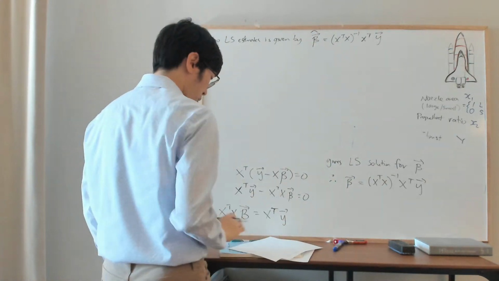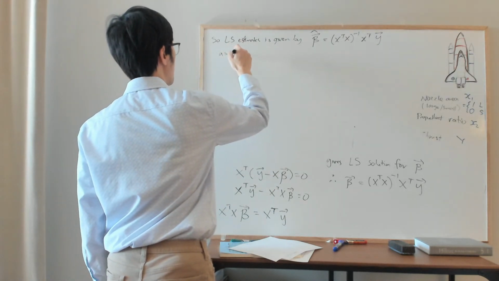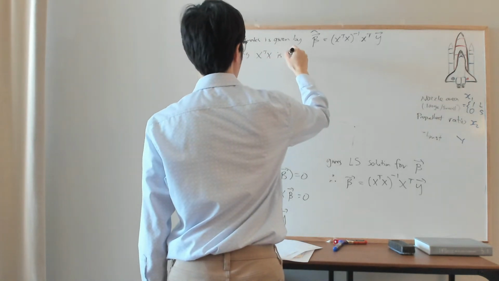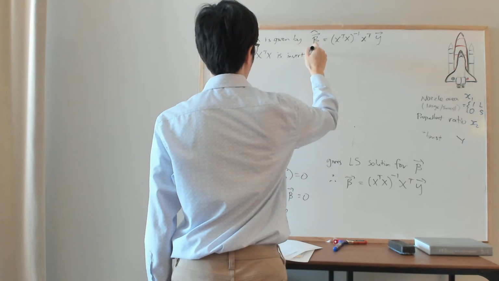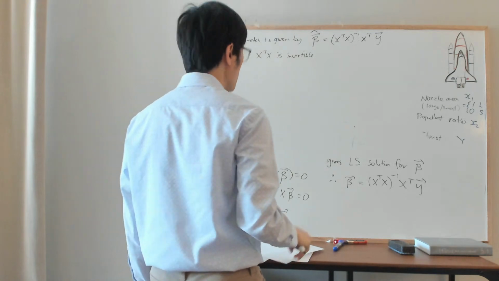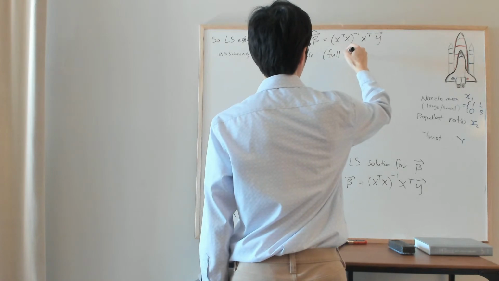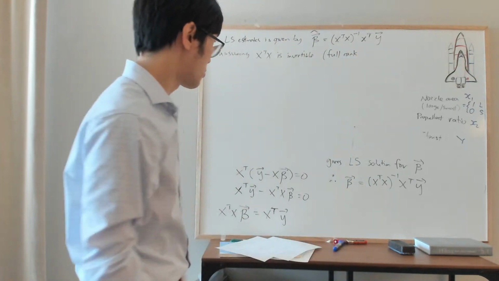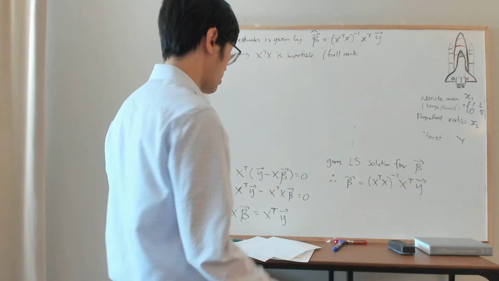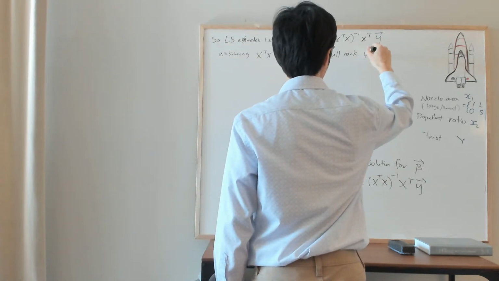This assumes that X transpose X is invertible, so we can say it's full rank equivalently. What's the full rank in this case? This is a p plus 1 by p plus 1 matrix, so full rank is p plus 1.